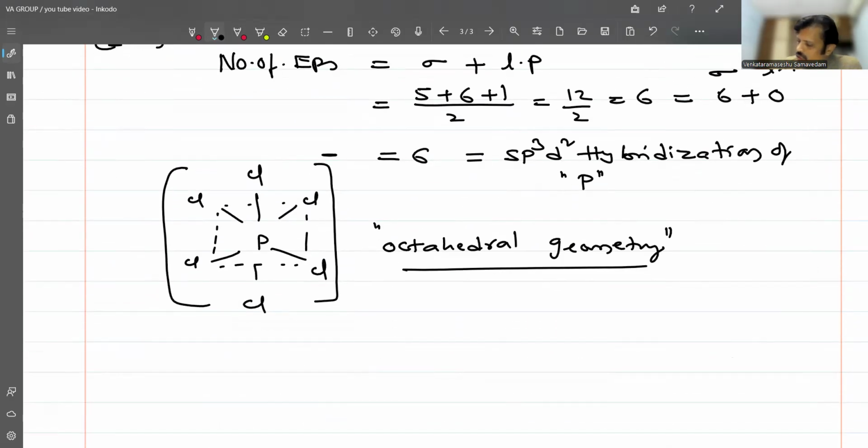Now if I want to find the hybridization of the central atom which is involved with divalent atoms, that means if I don't have monovalent atoms, let us take the hybridization of sulfur in sulfate ion.